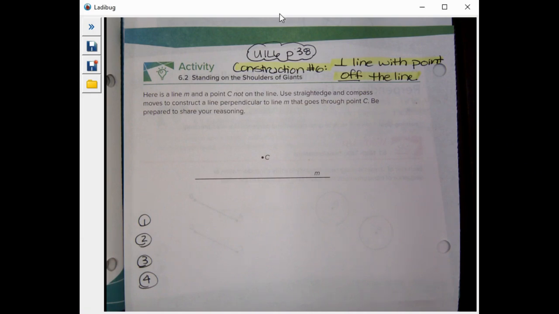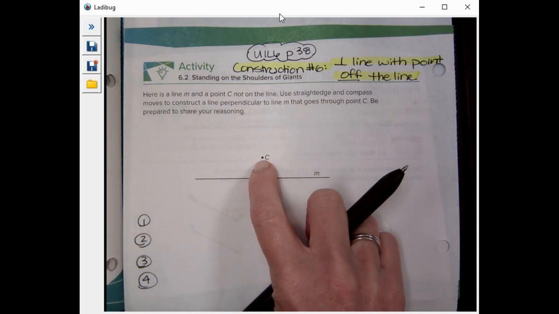So first off, just like yesterday or just like the last lesson, depending on when we're doing this, we want to make a circle utilizing C as the center.